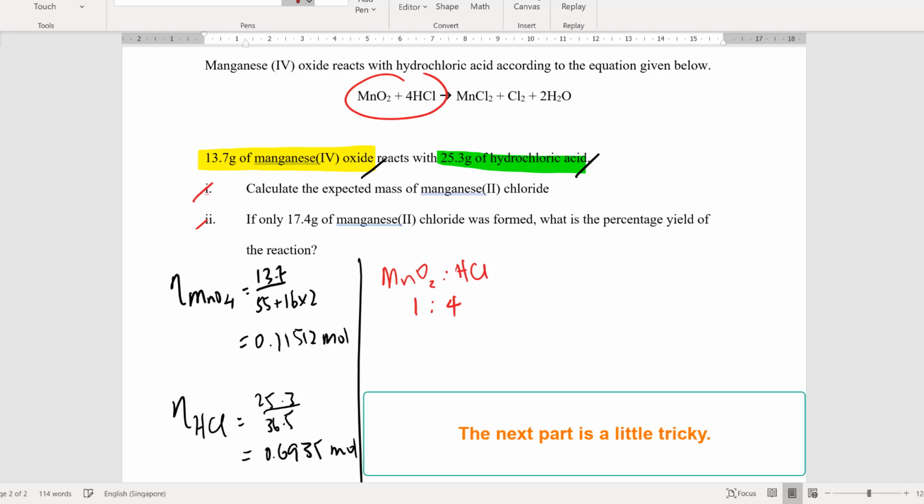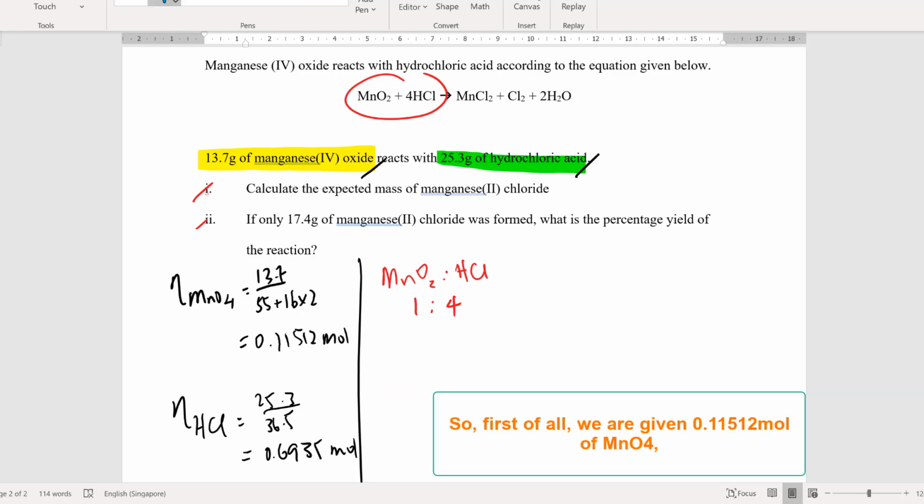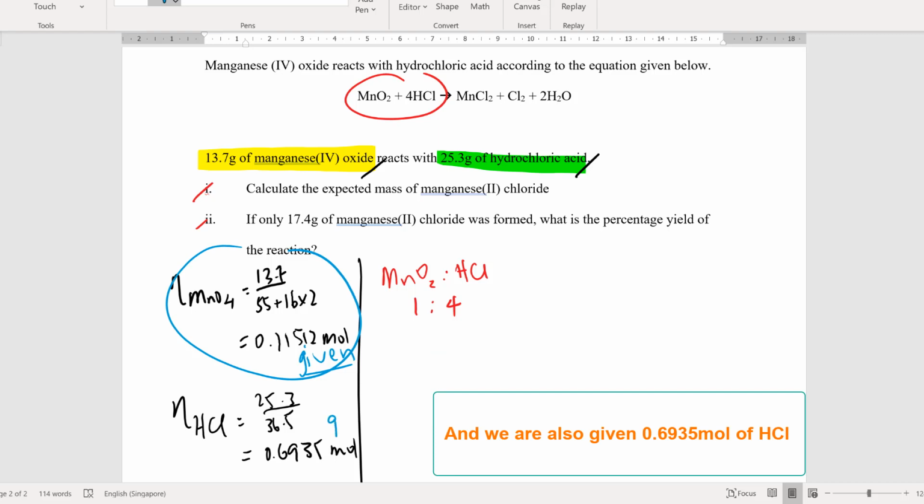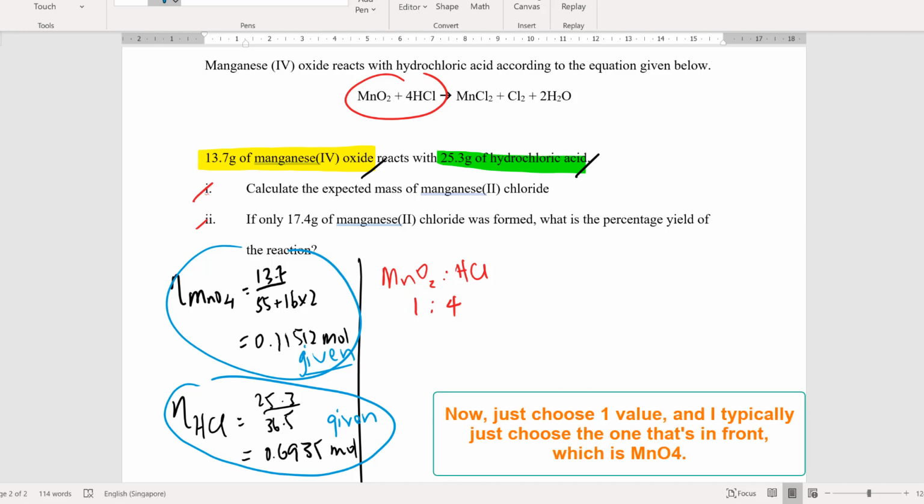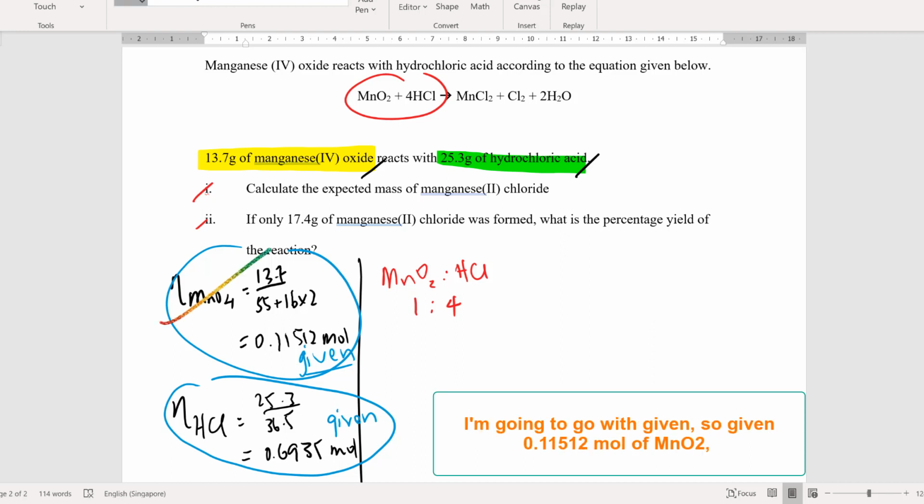Now this part is a bit tricky. First of all, we are given 0.11512 moles of MnO2, and we are also given 0.6935 moles of hydrochloric acid. Now you just choose one value, and I typically choose the one that's in front, which is MnO2.